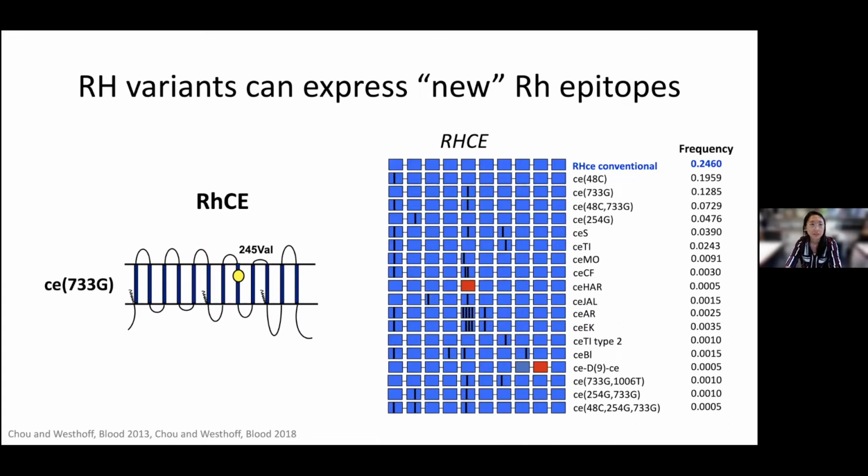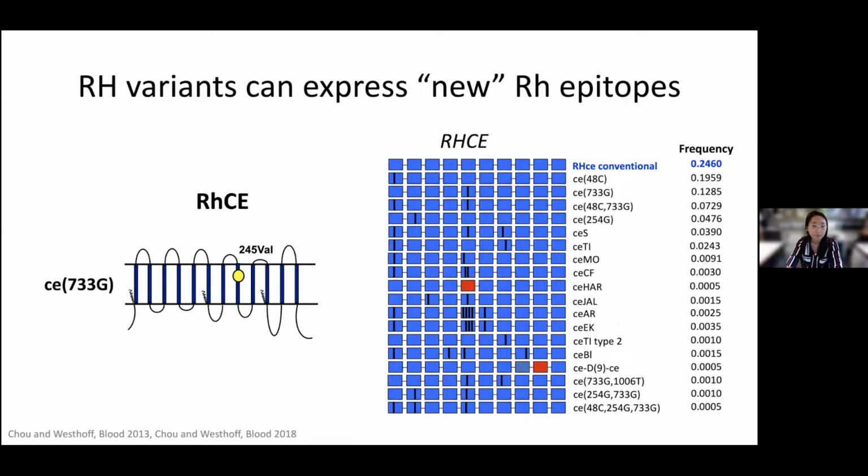So conversely, Rh variants can express these rare or new Rh epitopes. And the example here is the little c, little e, CE733G variant on the RHCE allele, where you just have this one SNP and it causes the expression of the rare VVS epitope that's just not found on conventional little c, little e alleles.